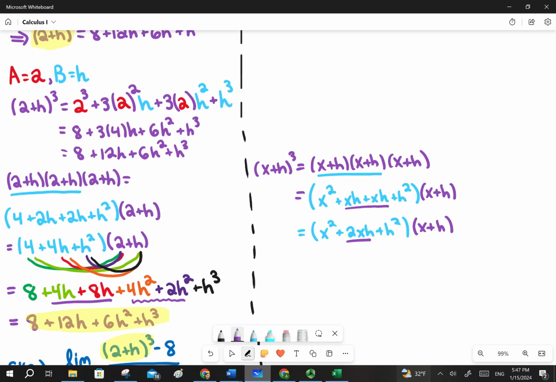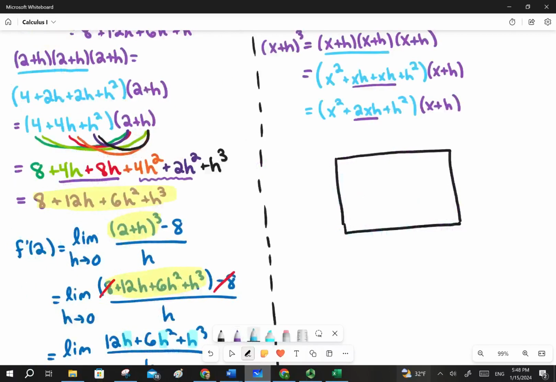This time I'll show you the grid or box method that can be used to track all of the different subproducts. We start by drawing a rectangle with one of the polynomials along the top and the other along the side. I'll write the trinomial x squared plus 2xh plus h squared along the top and the binomial x plus h along the side.